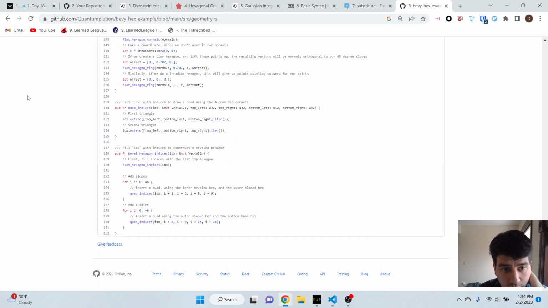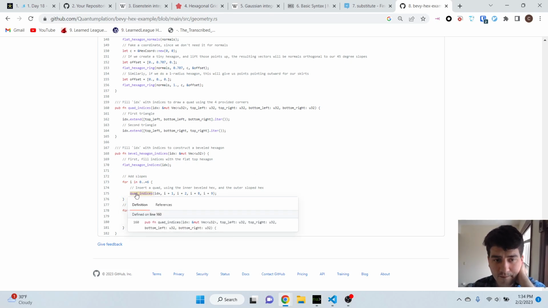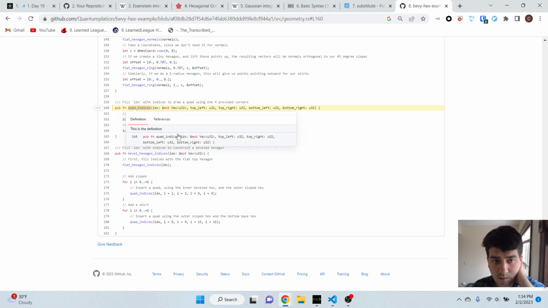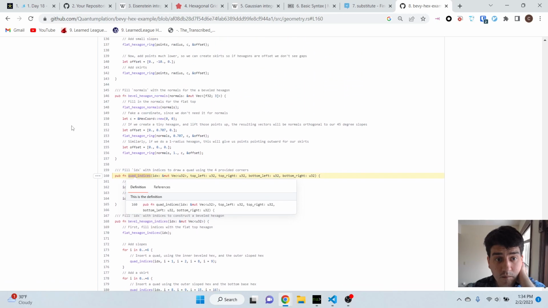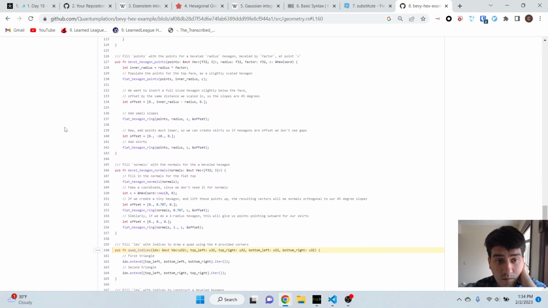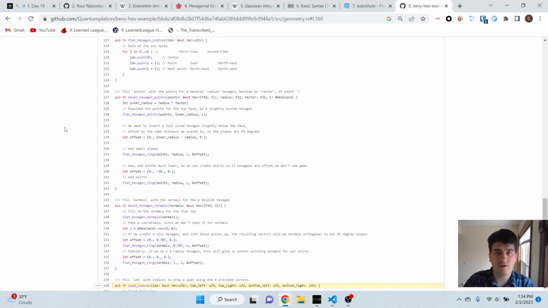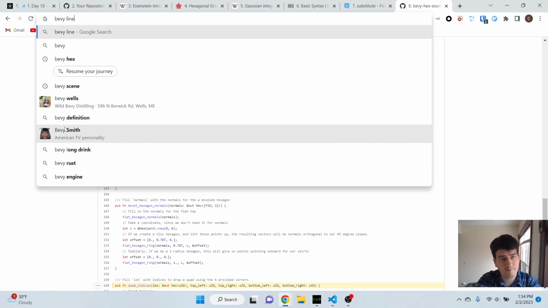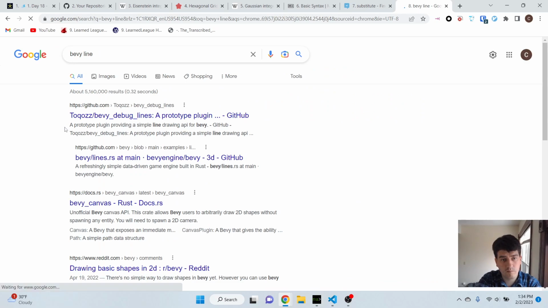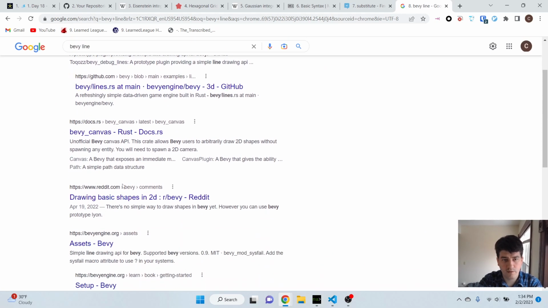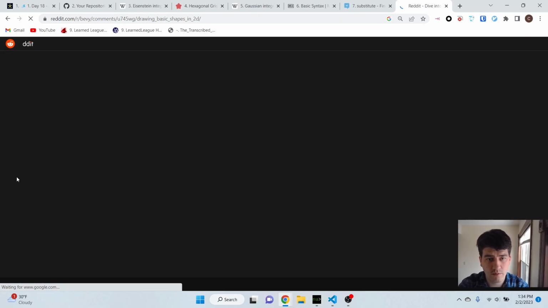Looking for where this is rendered because I'm quad indices. Does Bevy have a line? Drawing basic shapes.